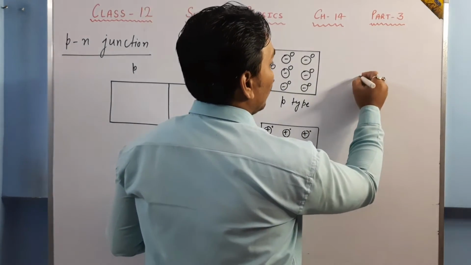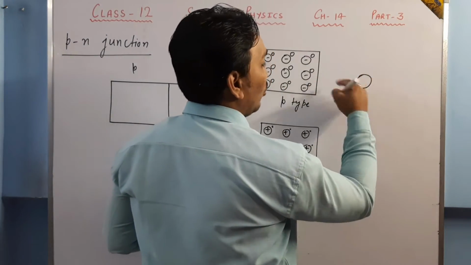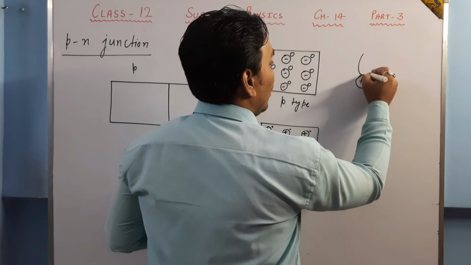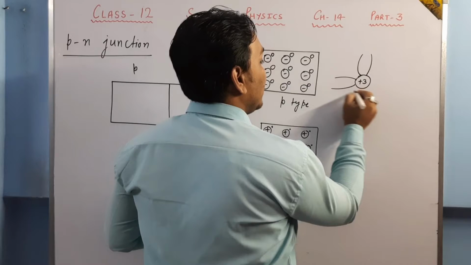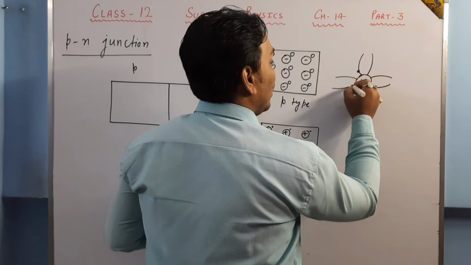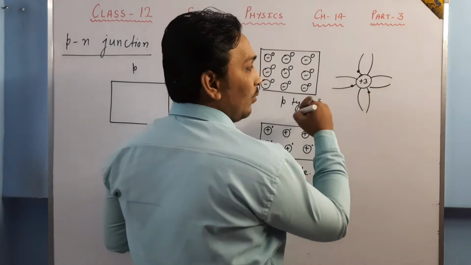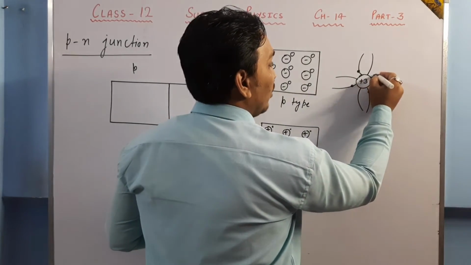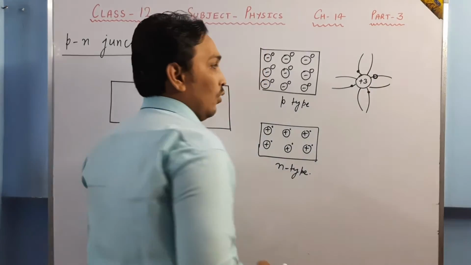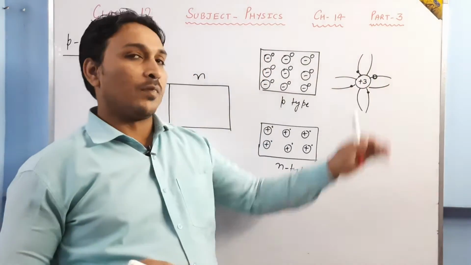Wherever the center atom is the doping ion, it has plus 3 valency. So 3 of its electrons make covalent bonds and one hole is created over there. So with this 3, there is a hole, right?